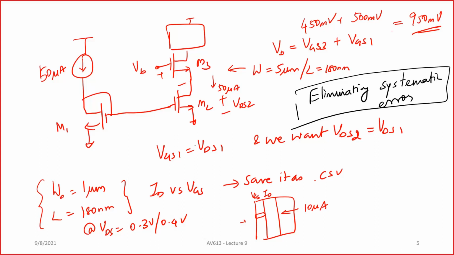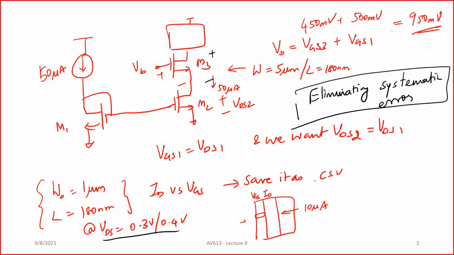It will hold true to a large extent, because what you're saying is that VDS of M3 is different. Which is why I asked you to generate this table for a VDS of around 0.3 volt or 0.4 volt or something like that. Now instead of 0.3, let's say it is 0.25, the delta is going to be very minimal. On the other hand, if you generate it for 1.8 volt, then what you're saying is very true.